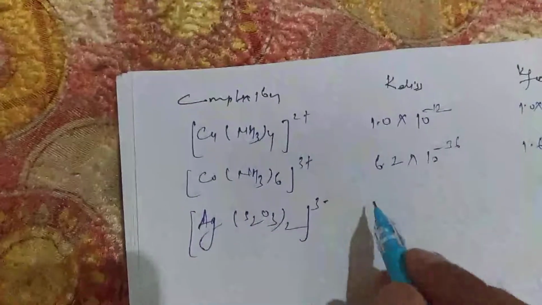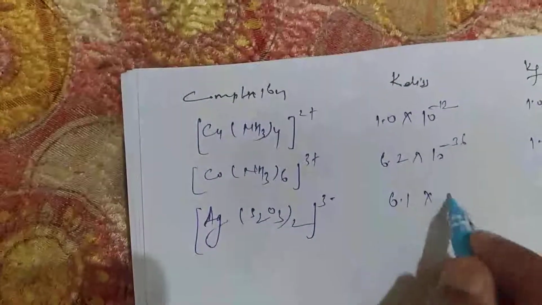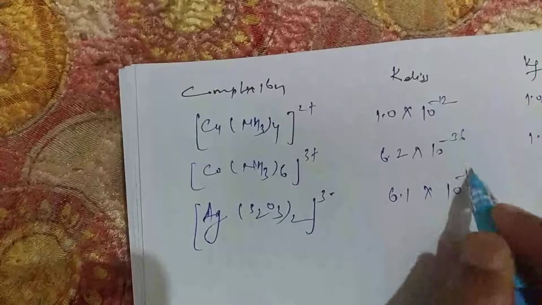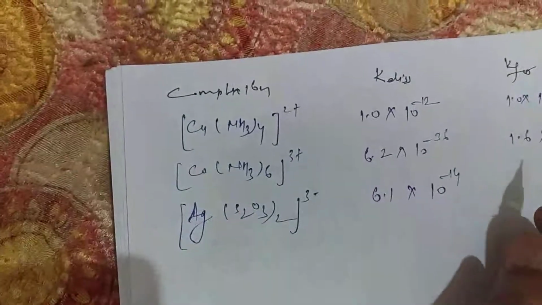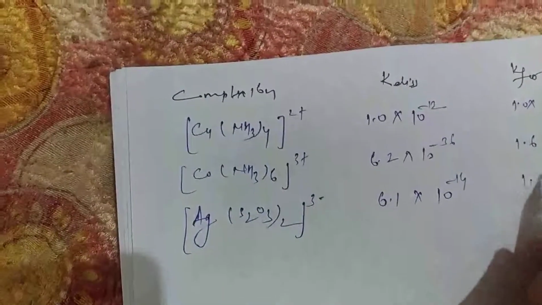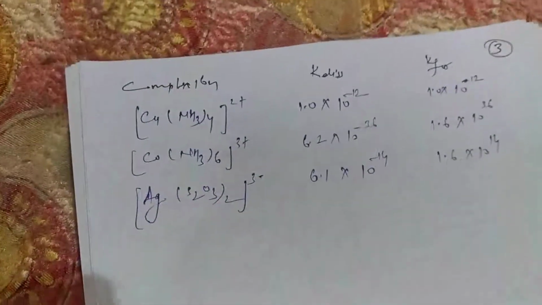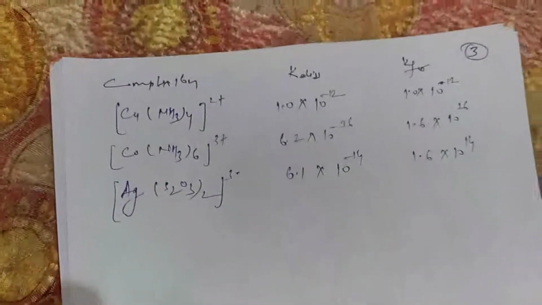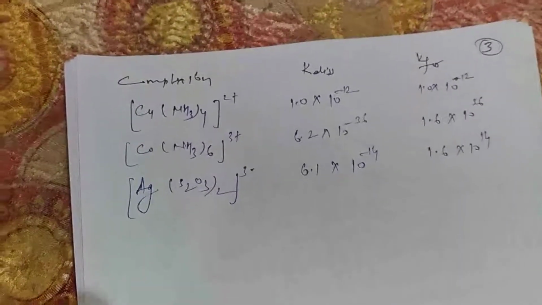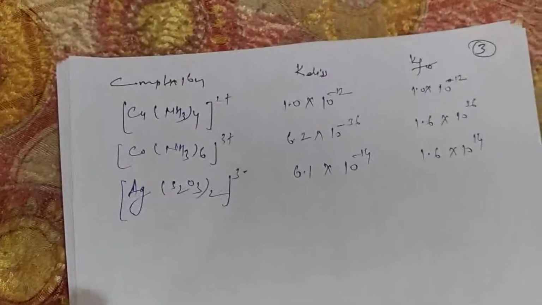The value here is 6.1 times 10 to the power minus 14, and here it is 1.6 times 10 to the power plus 14. So this is how you can explain the formation and dissociation constant values.